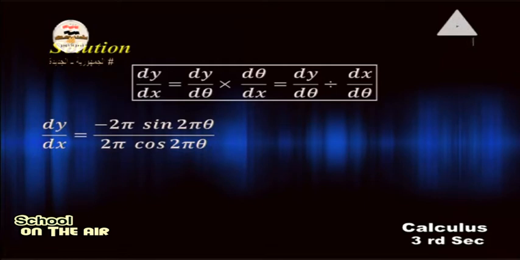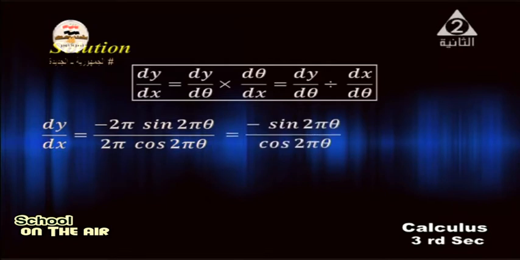We can cancel 2π from the numerator and denominator. Then dy/dx equals negative sine 2πθ over cosine 2πθ. And we know that sine 2πθ over cosine 2πθ equals tan 2πθ. Then negative sine 2πθ over cosine 2πθ equals negative tan 2πθ.